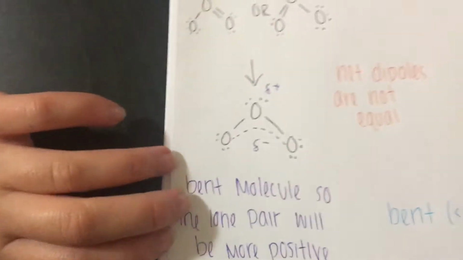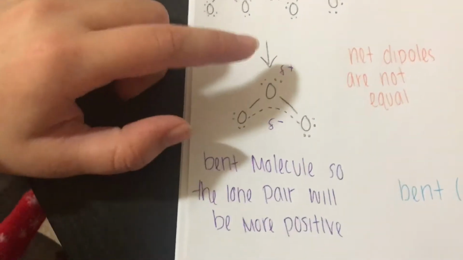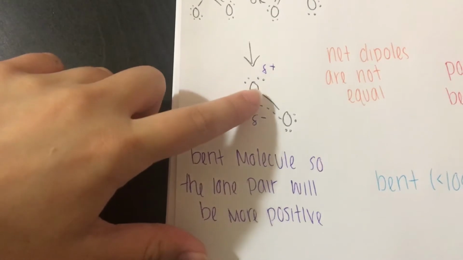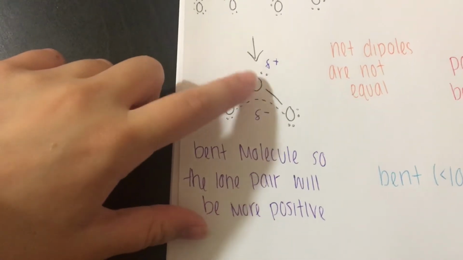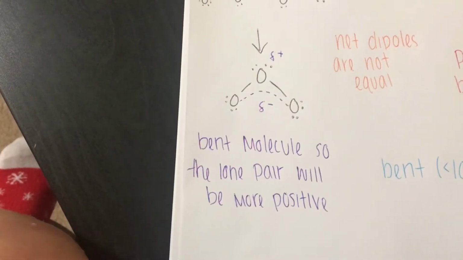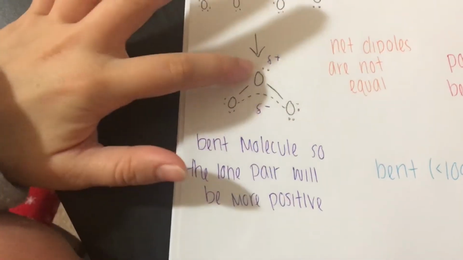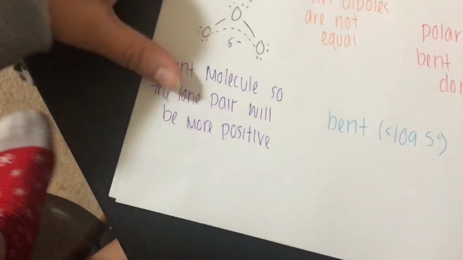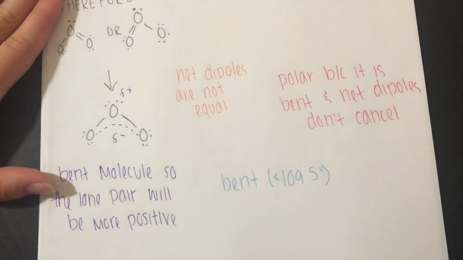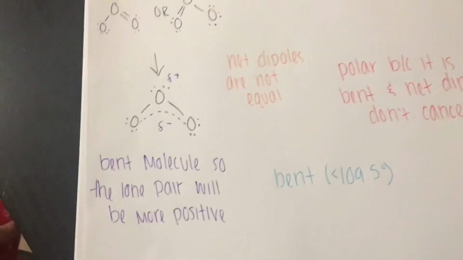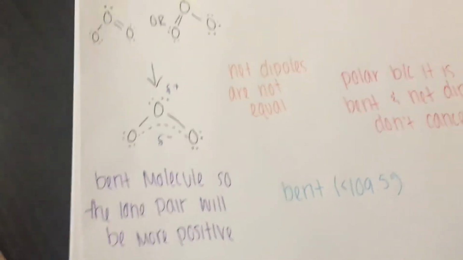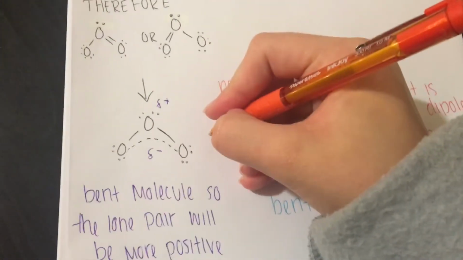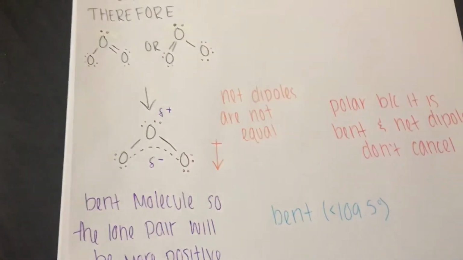And then because the domains are not equal either, because there's a lone pair and 2 oxygens, therefore this molecule is polar because the net dipoles will not cancel, and the dipole will be pointed downwards like this.